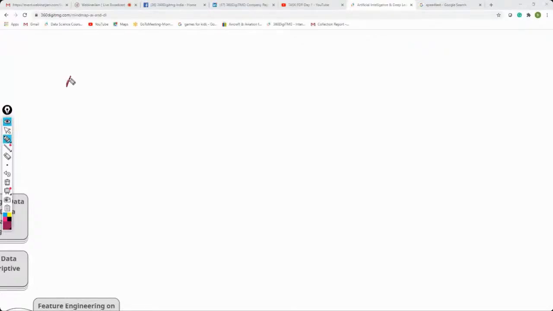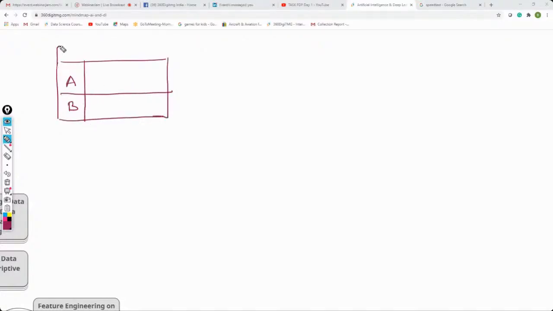Say you want to predict whether you want to give a loan to one of these people or not, person A and person B. And you have the details such as their debt. Debt means how much money they have to repay to the bank.